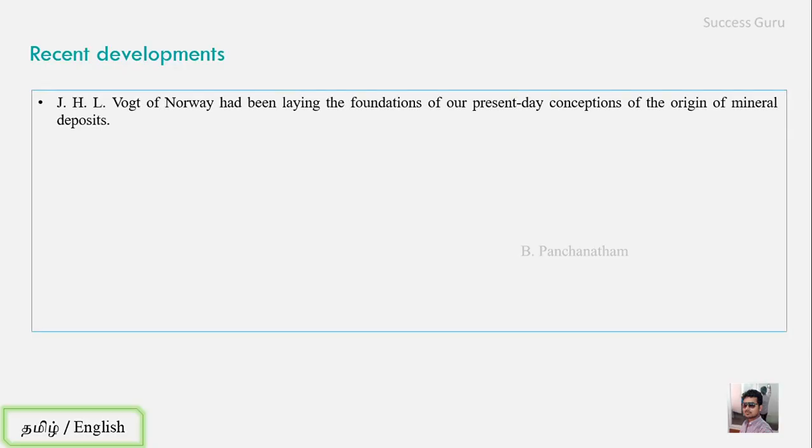So let us see some recent developments in it. J.H.L. Vogt in Norway had been laying the foundation of our present day concept of the origin of mineral deposits.